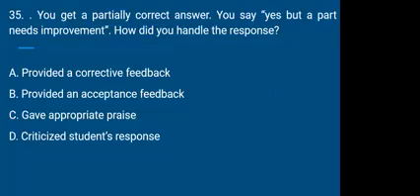Again, you get a partially correct answer. You say yes, but a part needs improvement. Ayan. So how did you handle this response? Provided a corrective feedback, provided an acceptance feedback, gave appropriate praise, and criticized students' response. Sige, so what do you think?